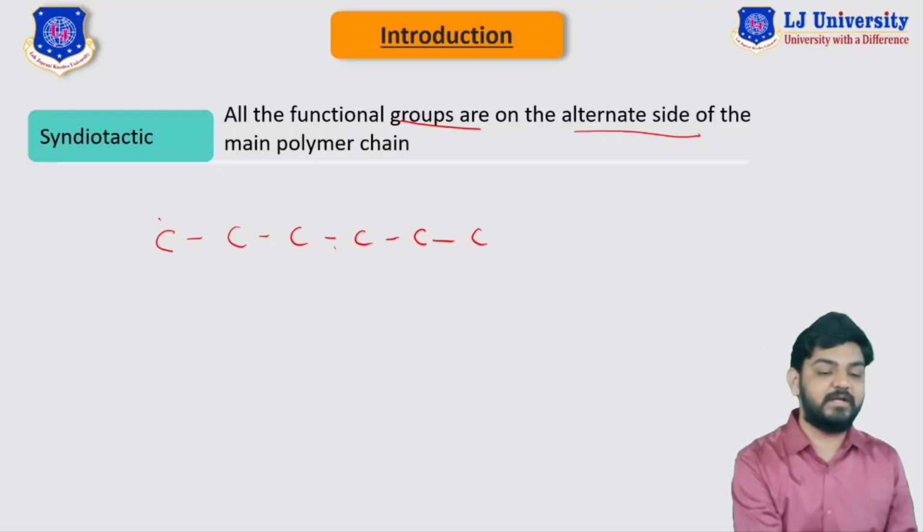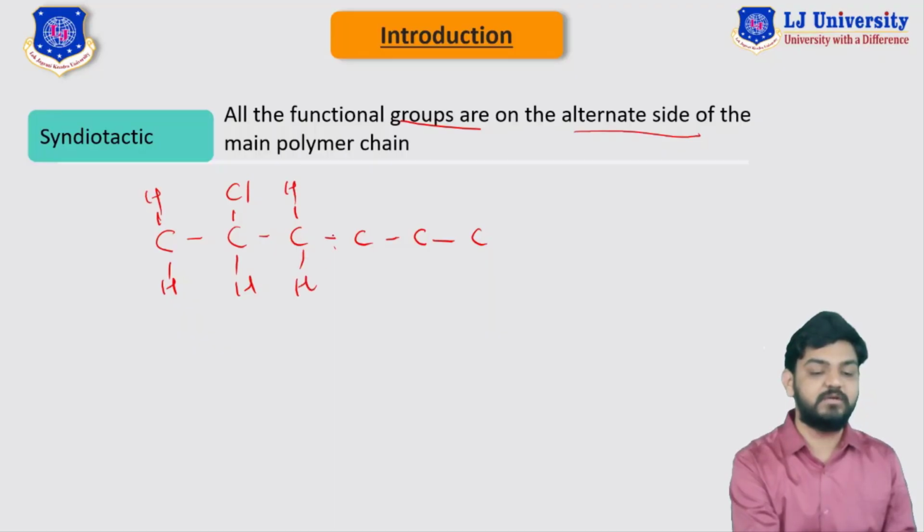The first carbon is attached with 2 hydrogen atoms like this. The second one has 1 chlorine and 1 hydrogen. The third has 2 hydrogens. The fourth will have 1 chlorine and 1 hydrogen, but in the opposite direction like this. Then the fifth will have 2 hydrogens, and the last one will have 1 chlorine and 1 hydrogen like this.